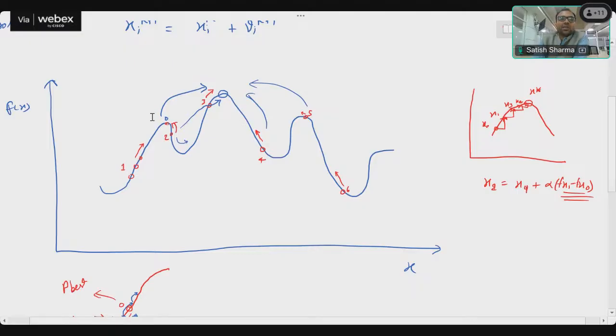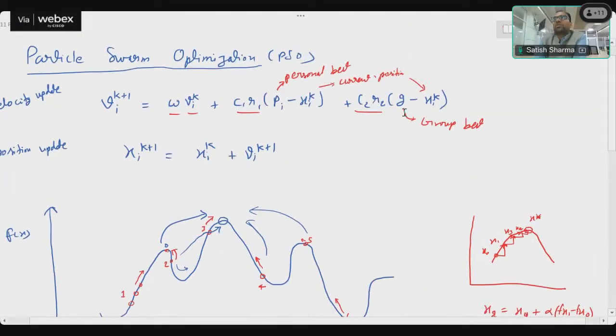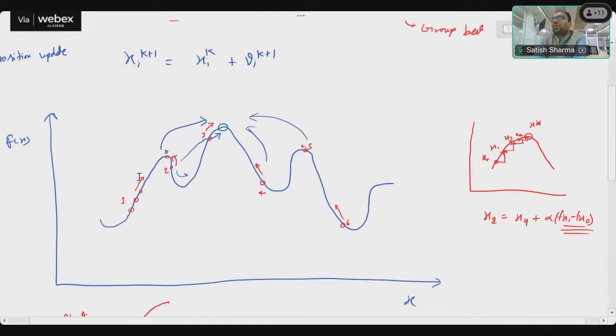Once I have obtained these values, then I will use the information of the entire group, and g best will come into the picture, and if some other particles are at higher positions, then I should move towards that position, until I have locally explored the entire solution space. So it's basically exploring the entire space and then exploiting it, fine tuning to get the maximum output. Those approaches should be there.